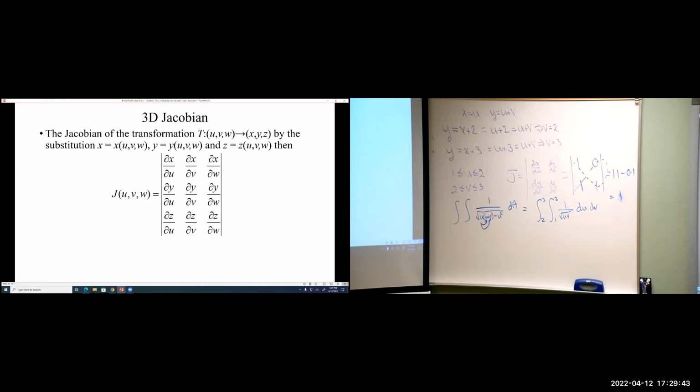I'm not going to try and get you to memorize the formula for the determinant of a 3 by 3 matrix, because we're not going to do a whole bunch of triple integrals. But if you do this with the transformations for going from rectangular to spherical, you would get rho squared sine phi.